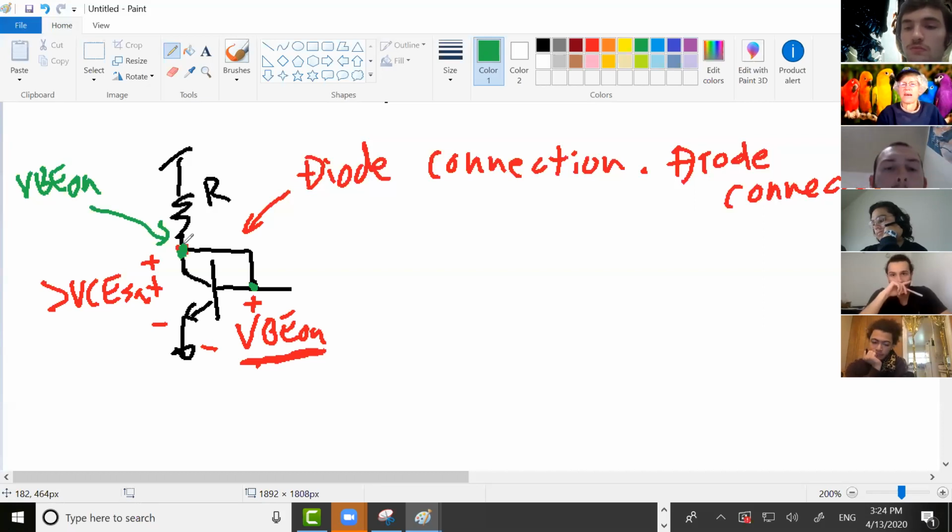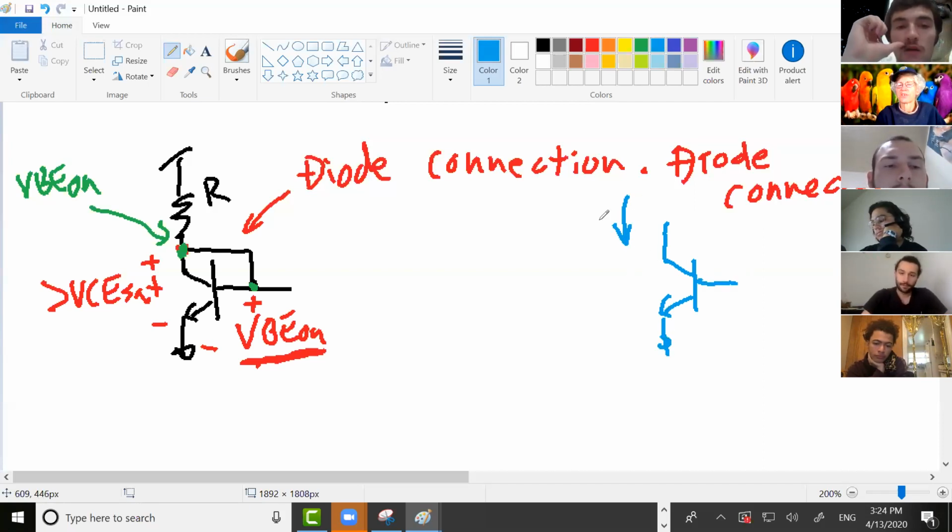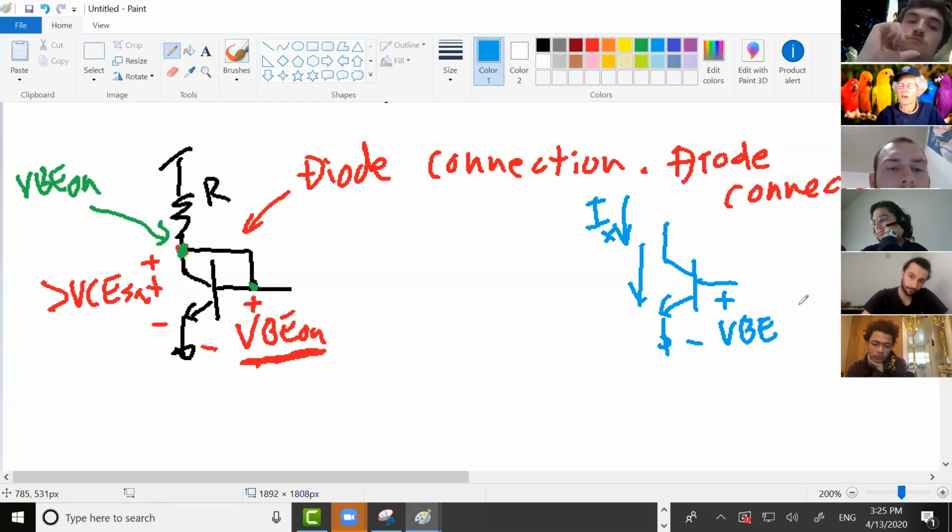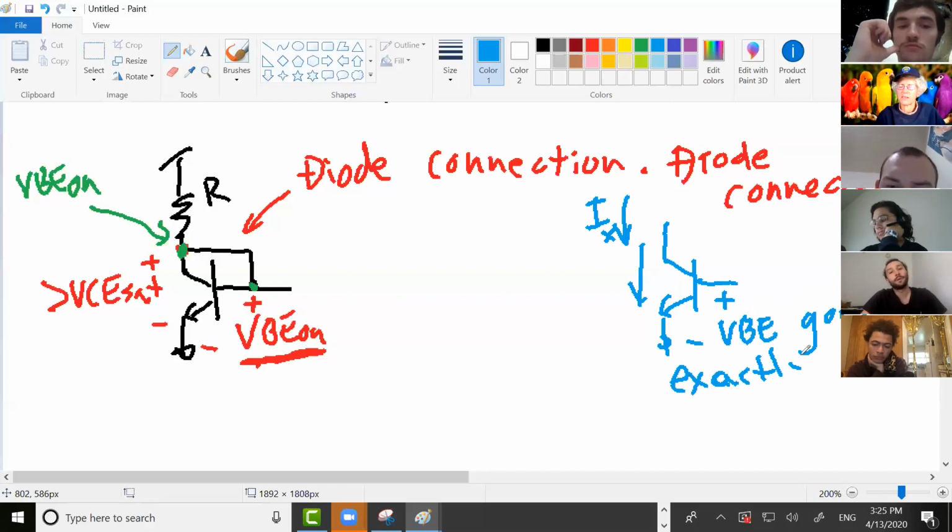There's a magic thing that happens. If you have a transistor in the forward active region and you force some current through it, whatever it might be, this VBE goes to exactly the VBE for that current.